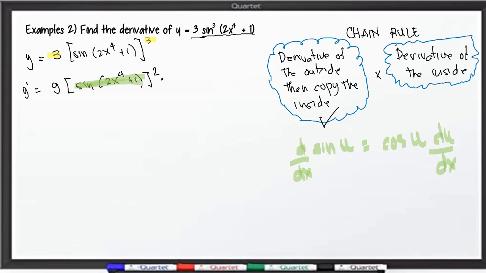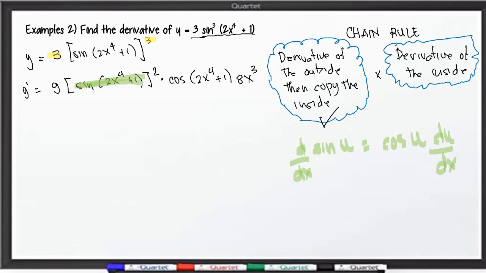Times the derivative of the inside, that will be cosine u. What is u? This will be 2x to the fourth plus 1 times du dx. What is du dx? This one is du. Okay, burahin po natin. Yan. Du dx, that will be 8x cubed. Ayan. Basically, tapos na po tayo sa ating derivative.